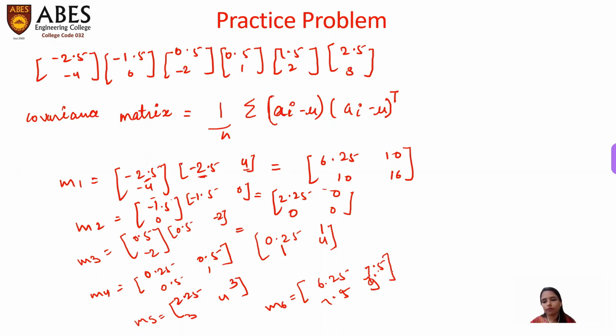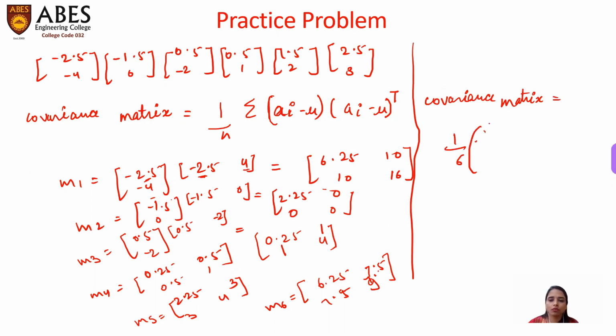So now we have all the M1, M2 up to M6 matrices. Now we sum up all these matrices to calculate the covariance matrix, and then we divide it by n. So our final covariance matrix equals 1 by 6 multiplied with the addition of m1, m2, m3, m4, m5, m6.